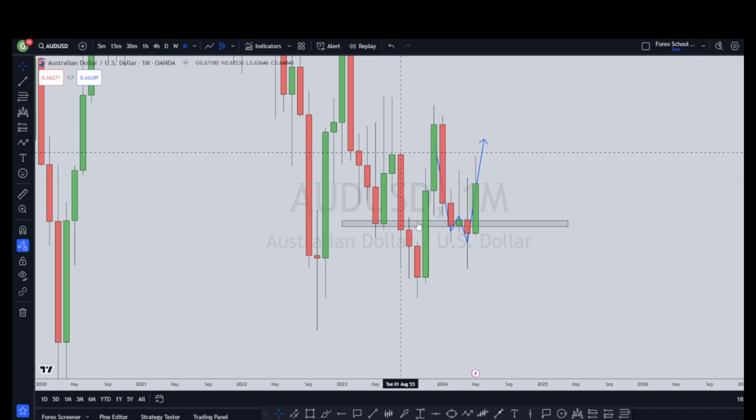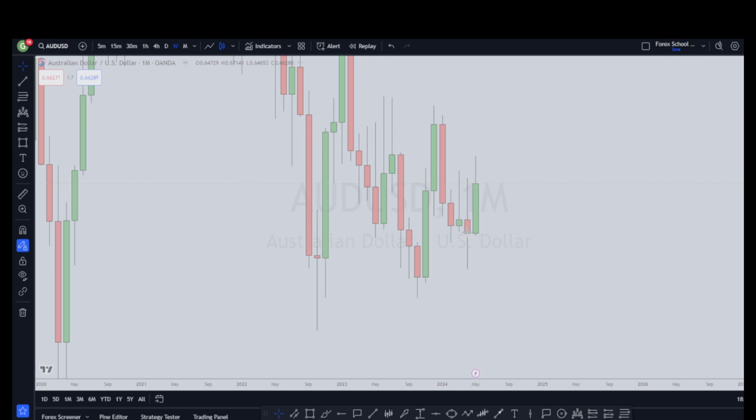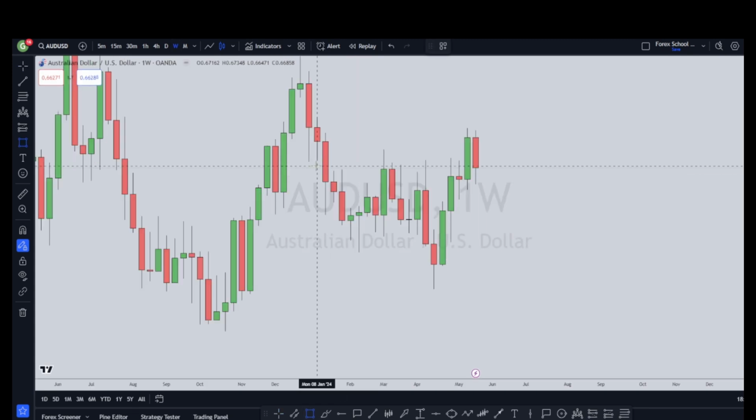Now, before we do that, notice it will have closed above this minor resistance area, which would solidify the market as strongly bullish.